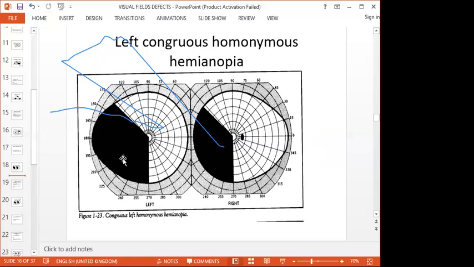This is the left, this is the right. So where is the lesion? Homonymous, congruous. Where is the field?